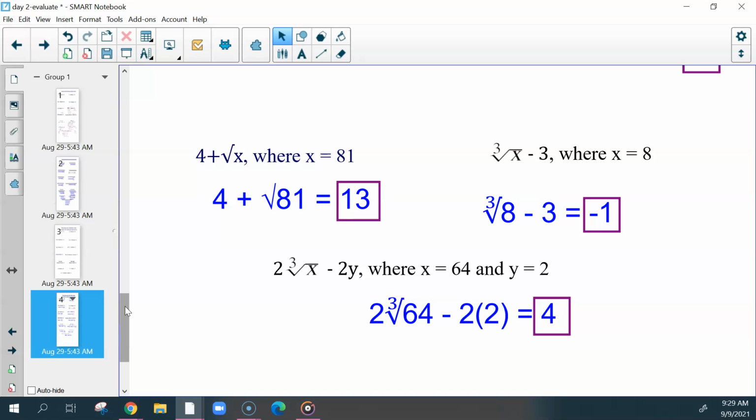So when you put 8 in, you get 2. Other questions on any of these?